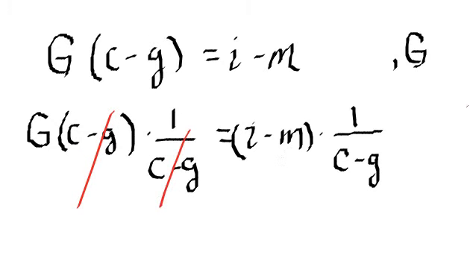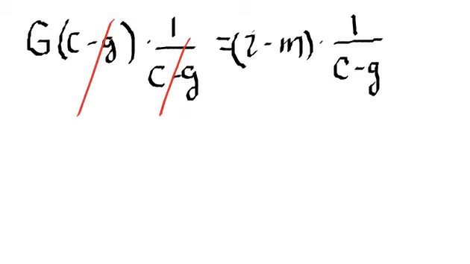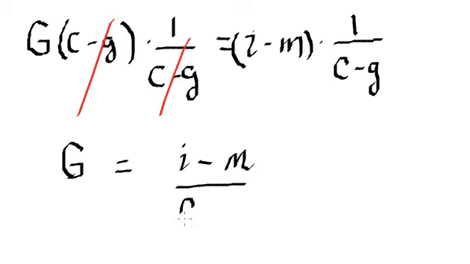And then we're just left with big G is equal to, now I'm going to take this I minus M up into the numerator. I minus M times 1 is just I minus M, so we have I minus M, all over C minus g. So there you go. That's how you solve for G.